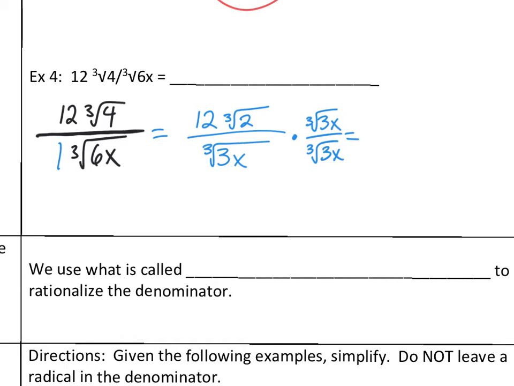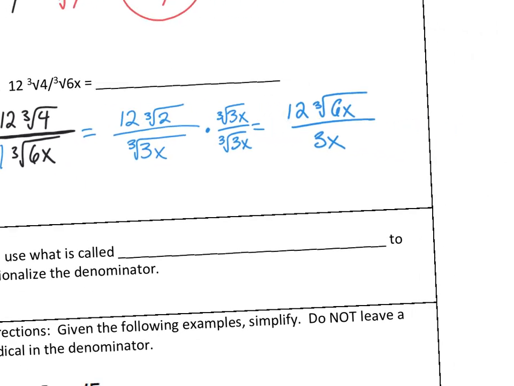When we do that, 12 times 1 is just 12. Cubed root of 2 times cubed root of 3x, we just multiply what's underneath, so 2 times 3x, 6x. And then cubed root of 3x times cubed root of 3x, just 3x. Good deal. Anything else that can be simplified here?